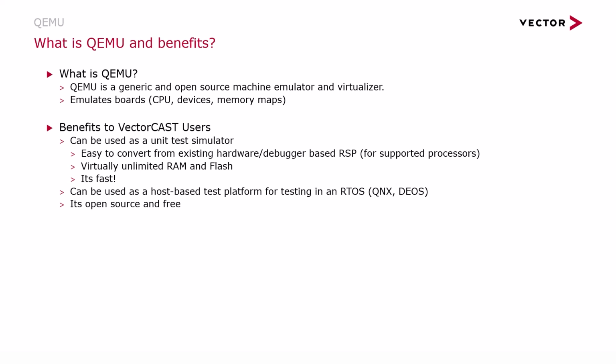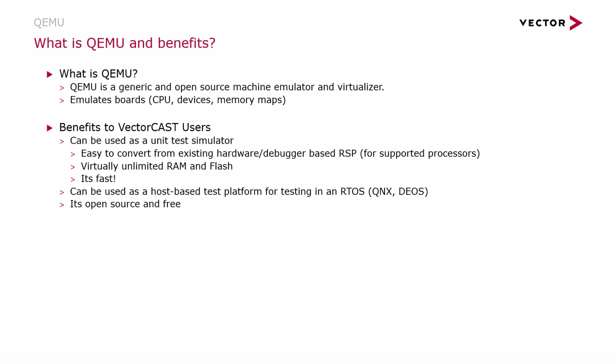So memory size for a memory constrained M0 is not really a problem anymore, and it's very fast because you're running at host-based speeds, the speed of your PC versus going on to some 25 megahertz processor.